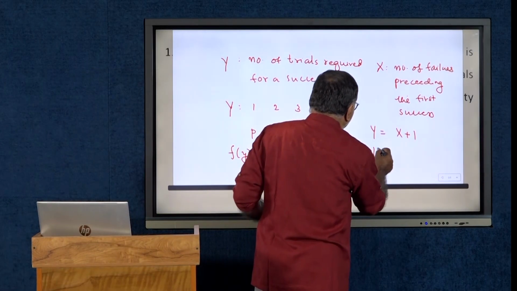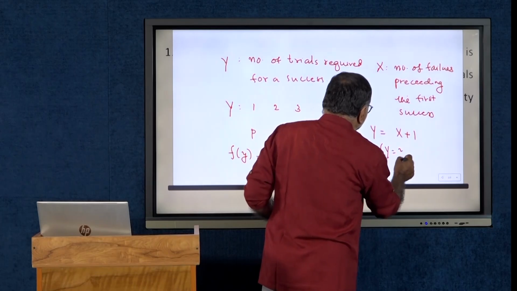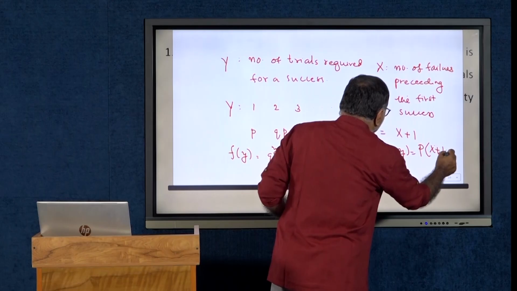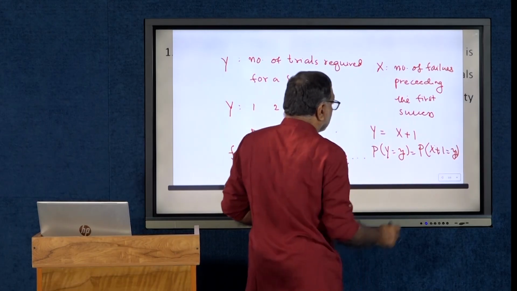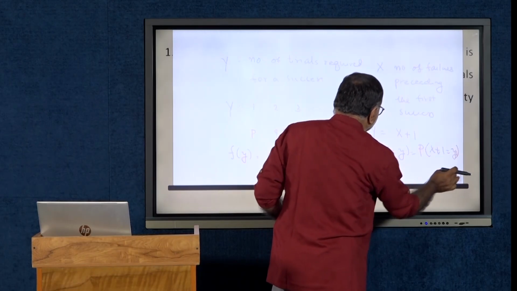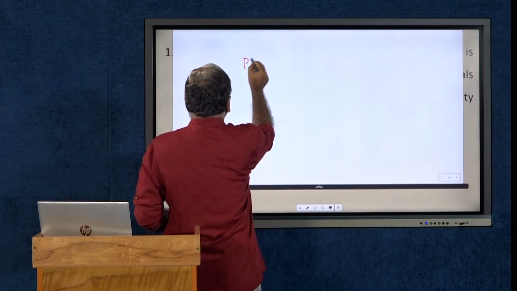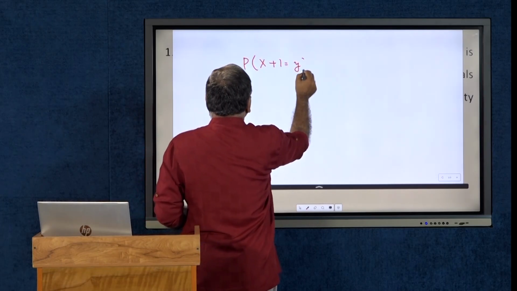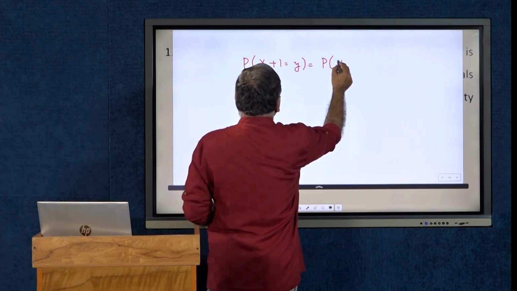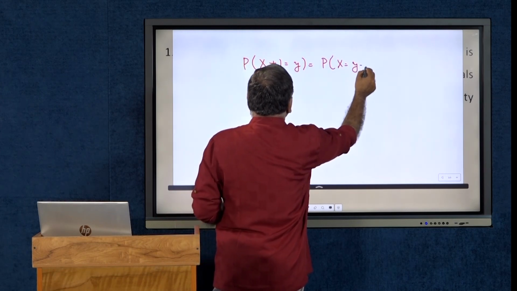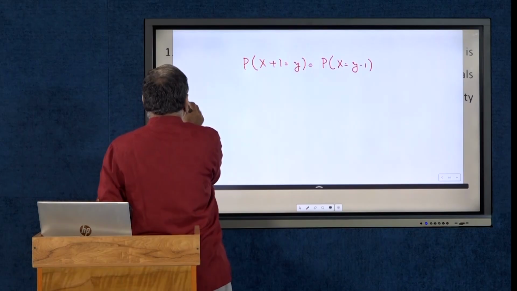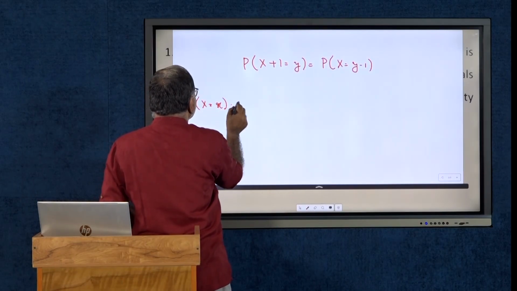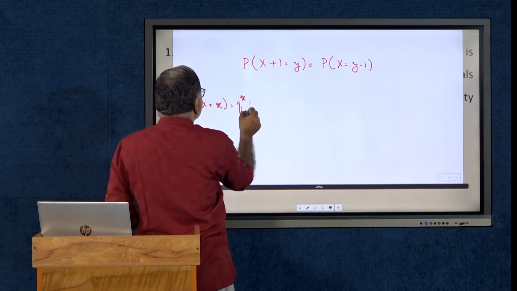The probability that y equals a value is the probability that x plus 1 equals y, which means the probability that x equals y minus 1. And earlier the probability that x equals k is q power x into p.